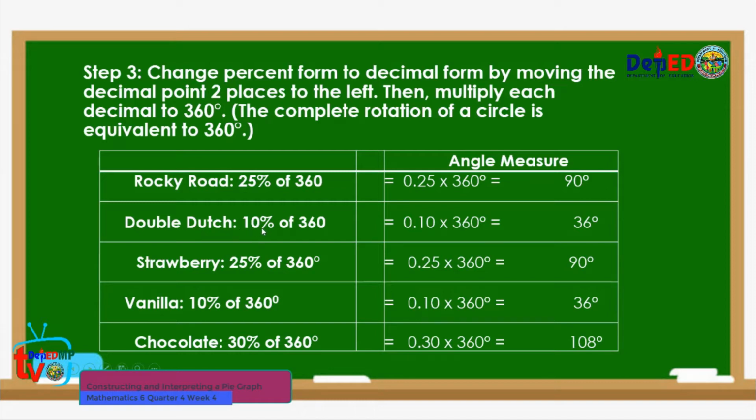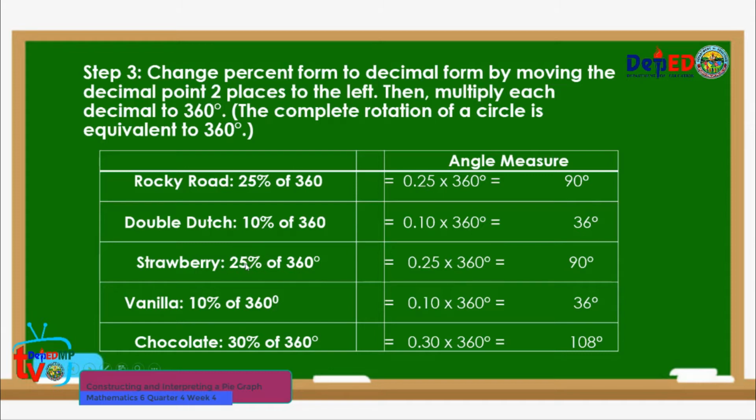Double Dutch has 10% of 360 degrees. Change this 10% to decimals, and it becomes 0.10. Then multiply it to 360 degrees, and that is equals to 36 degrees. Strawberry has 25% of 360 degrees.